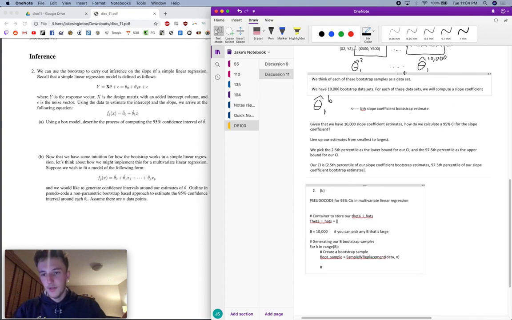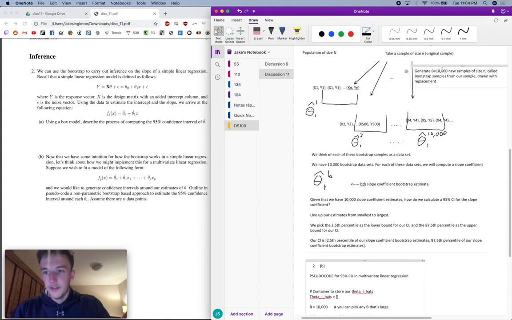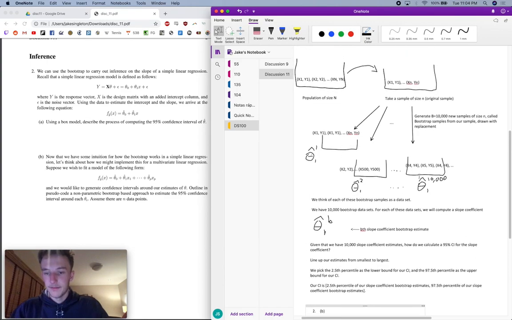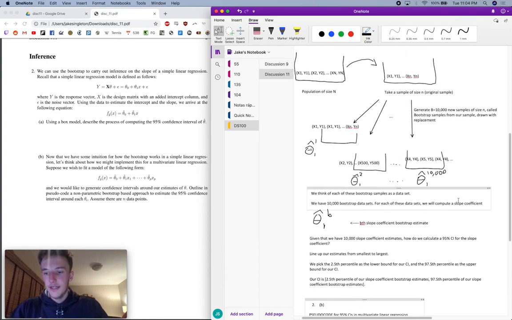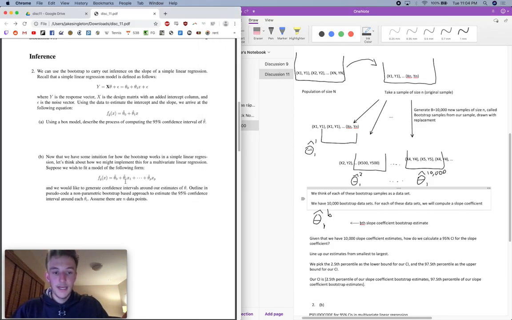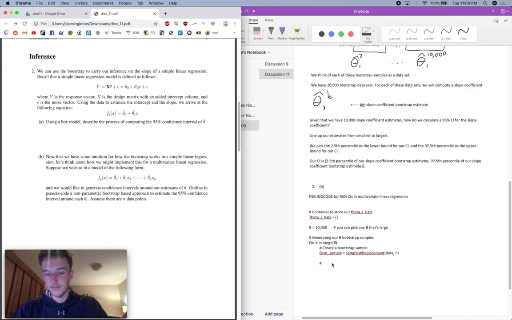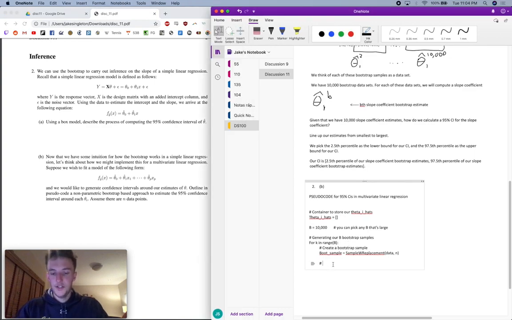The next step is, once we have all of our 10,000 or whatever b is, that number of bootstrap samples, instead of just a single slope coefficient this time, we need to calculate theta 1 hat, theta 2 hat, theta p hat, so p slope coefficients. The way to do this is to perform multivariate linear regression on the bootstrap sample.